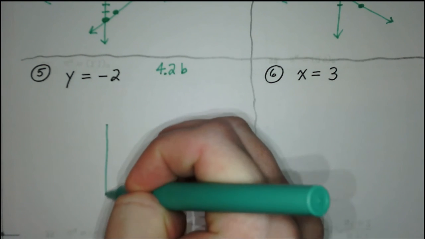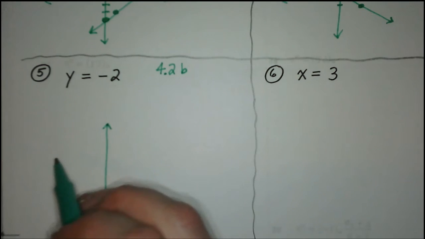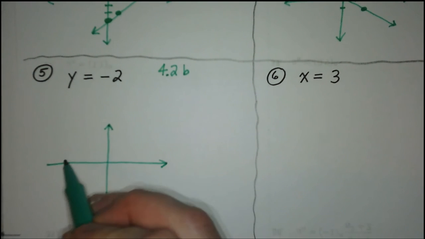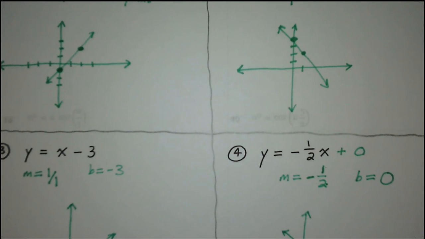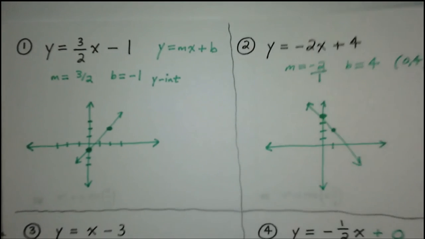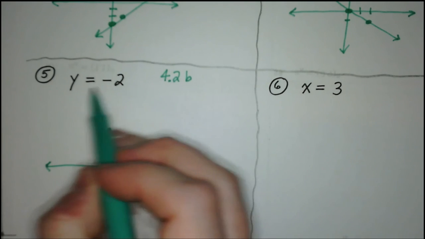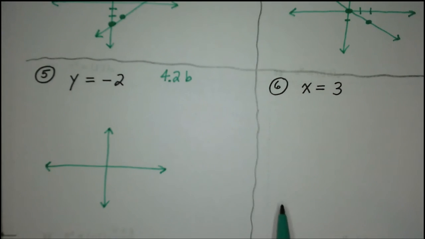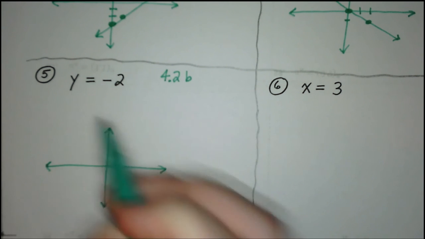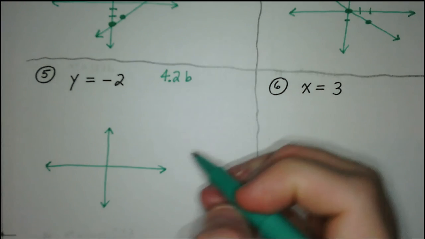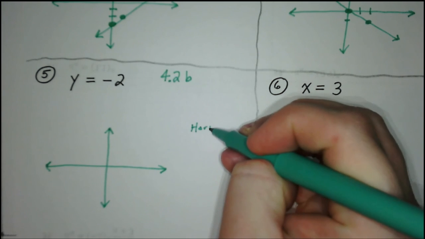Well, this equation only has a y. All these other examples had both a y variable and an x variable. But when you have a linear equation that's supposed to graph as a line and you only have a y variable, that means your line is going to be horizontal.